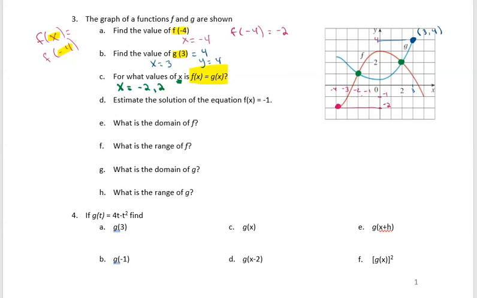Estimate the solution of the equation f of x equals -1. So this is a graph for f again, an equation for the graph of f. So we're looking at our red graph. We're looking for where the y value is going to be -1, and what should the x be?